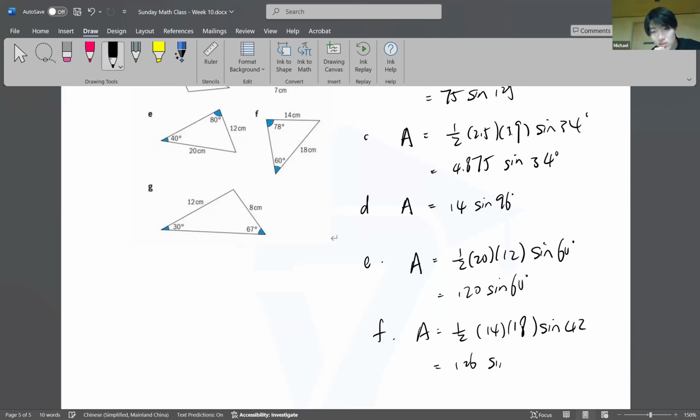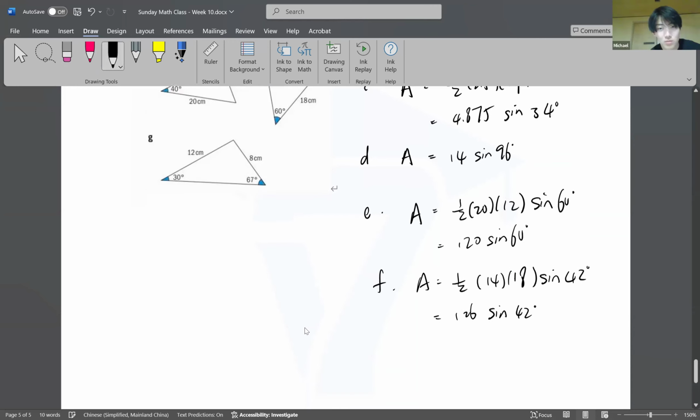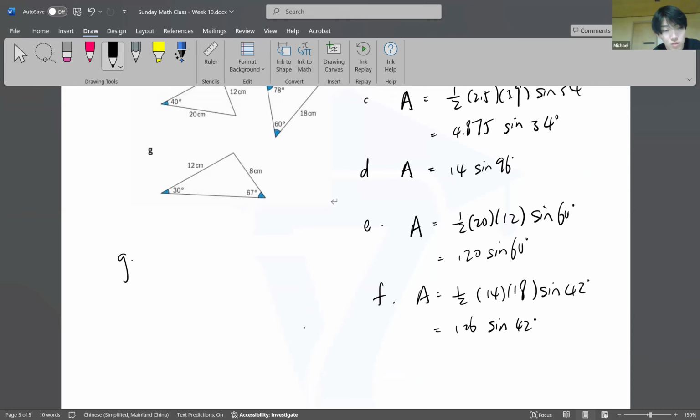Are you guys checking answer against mine? Yep. So far, everything same? Mm-hmm. Adriana? Yep. Did you guys use calculator for this? Of course. No, don't use calculator. More practice is good.